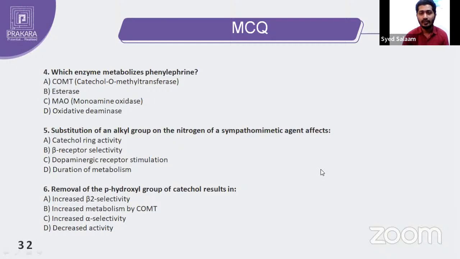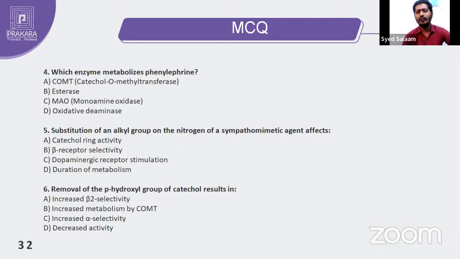COMT, catechol-O-methyltransferase, esterase, monoamine oxidase, or oxidative deaminase. Next, substitution of an alkyl group on the nitrogen of sympathomimetics affects what? Catechol ring activity, beta receptor selectivity, dopaminergic receptor stimulation, or duration of metabolism.